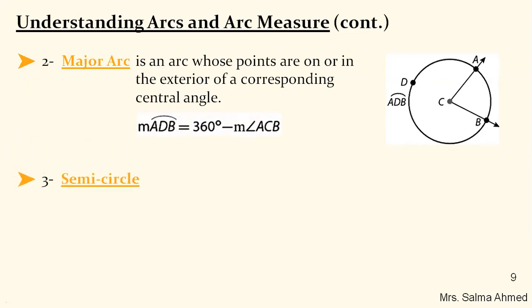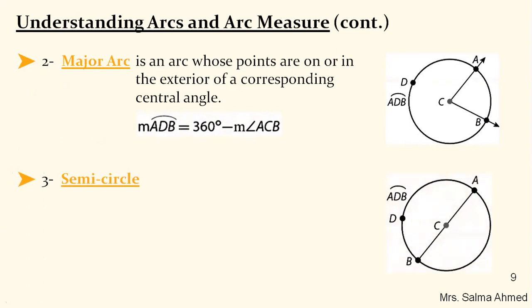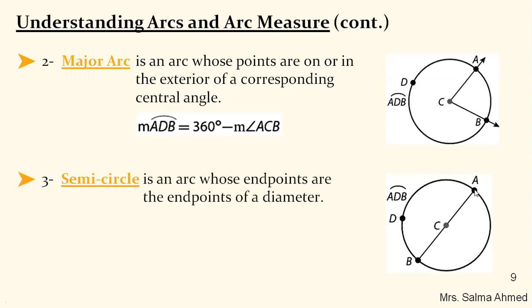Another one is the semicircle. What is a semicircle? From its name, we can conclude that it's half of the circle. If I'm talking about ADB, and AB is a diameter passing through the center, the arc here is called ADB, and it's called a semicircle.